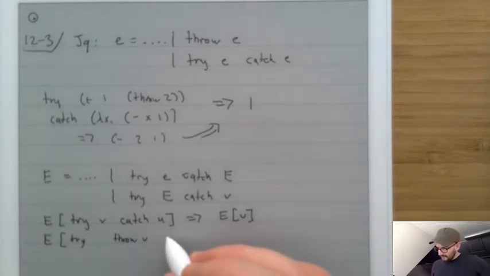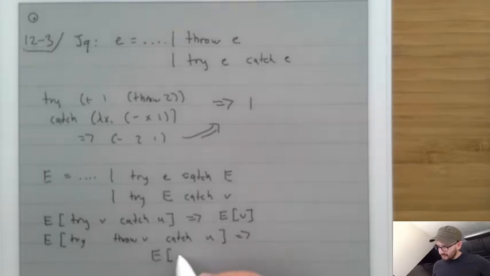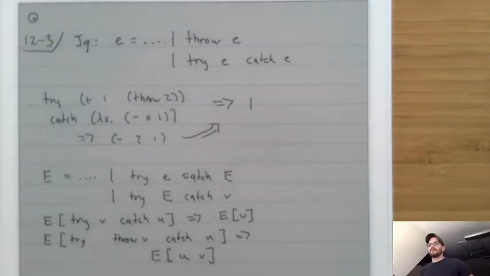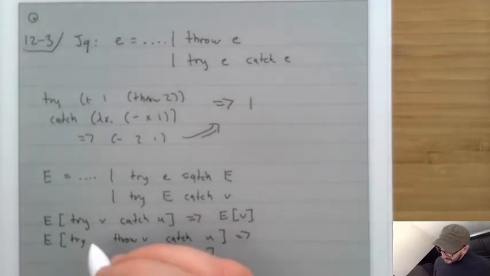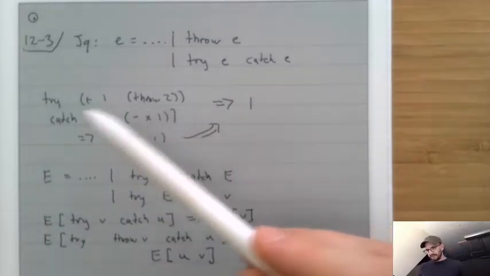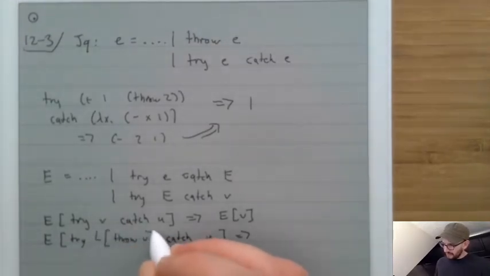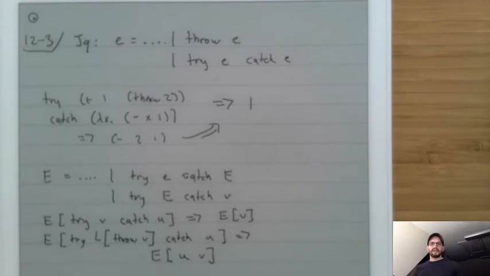And then we have our catch, U. Well, in that case, what we want to do is we want to turn this into E of U applied to V. We're going to call that U function with V. But now there's a little bit of a trick, which is that we want to find the nearest throw. So for instance, in this case, that throw wants to find that one. So the way that we do this is we use an additional kind of context that we're going to call L. And what L is, it is a throwless context. Sorry, a try-less context.